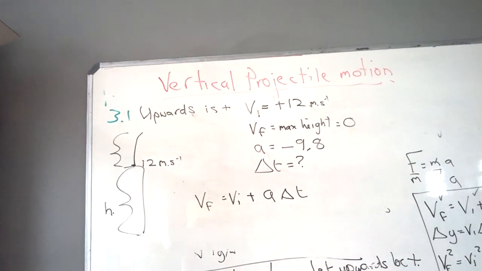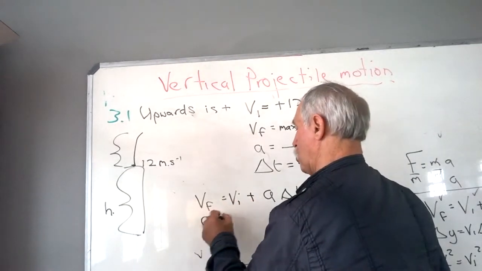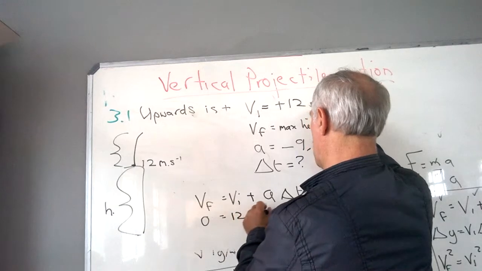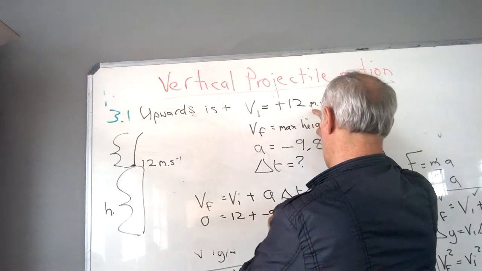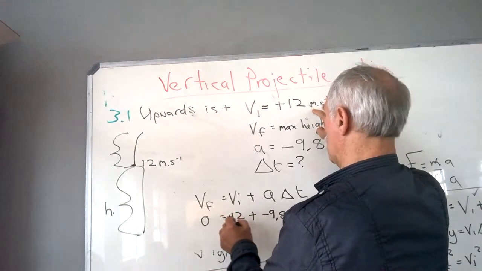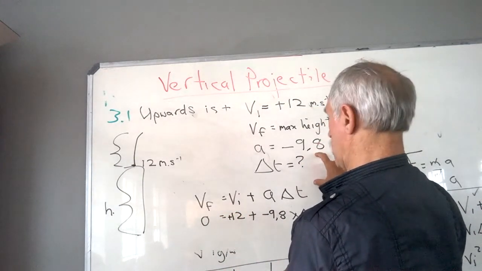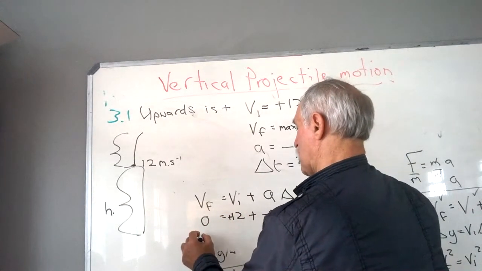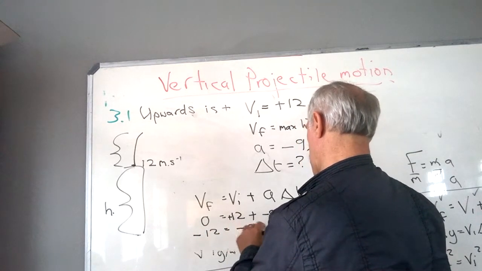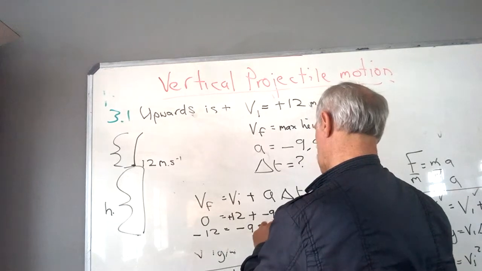And I know what my money is on. So let's do it. V final is V initial, which is 12, plus minus 9,8 times delta t. That is plus 12, right? Yep. Taking it to the other side, minus 12 equals minus 9,8 delta t.